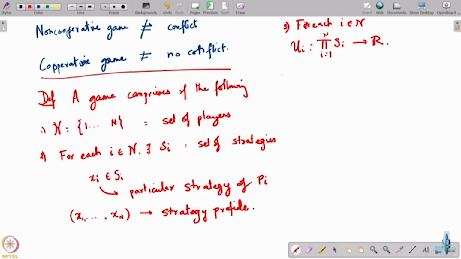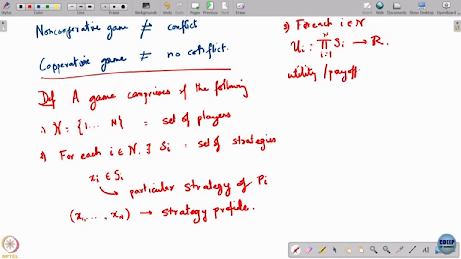This is essentially saying that for each strategy profile, that means each composite vector x1 till xn, the ui produces for me a real number, and that ui is what is called the player's utility or payoff, various names for this, sometimes called utility, sometimes called payoff.